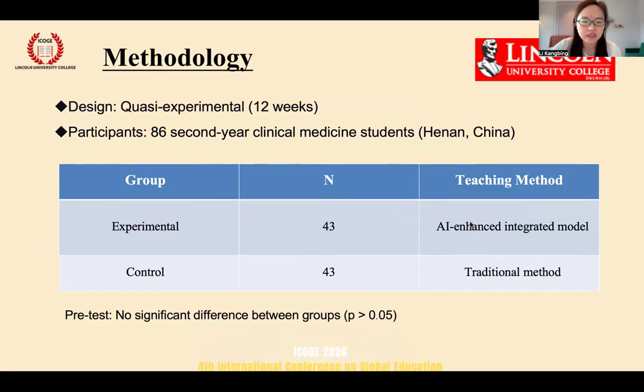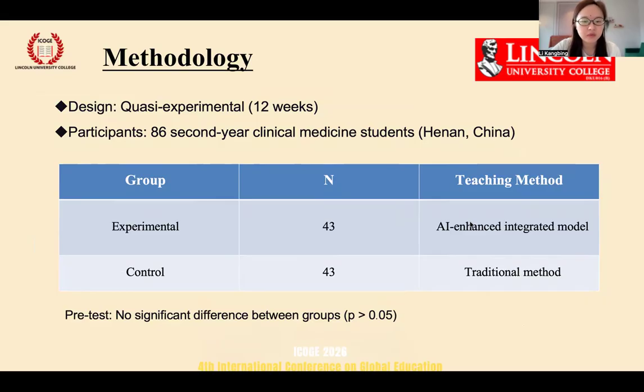Now let me explain my research method. I used a quasi-experimental design over 12 weeks. I recruited 86 second-year clinical medicine students from a medical vocational college in Henan, China.